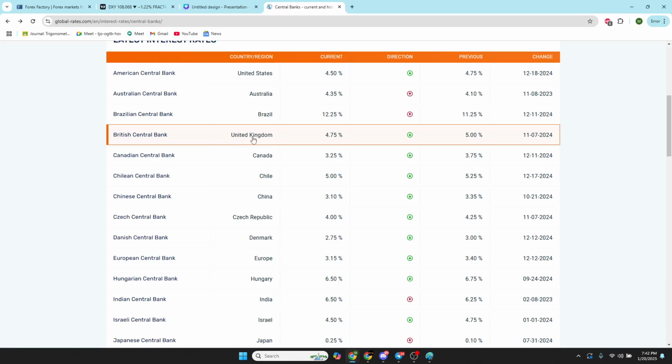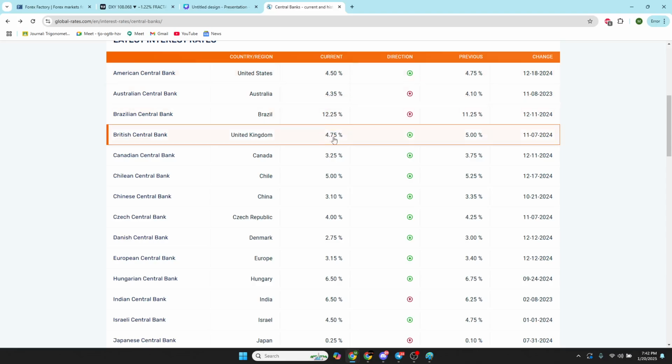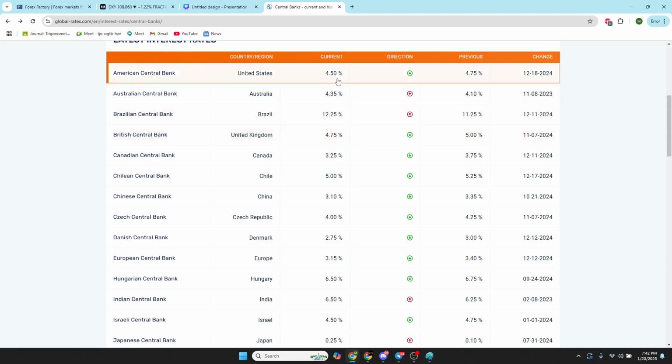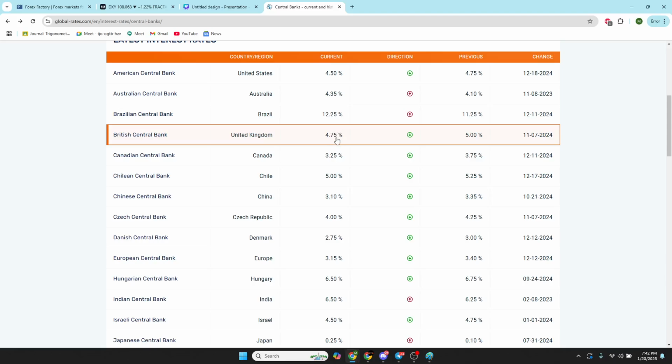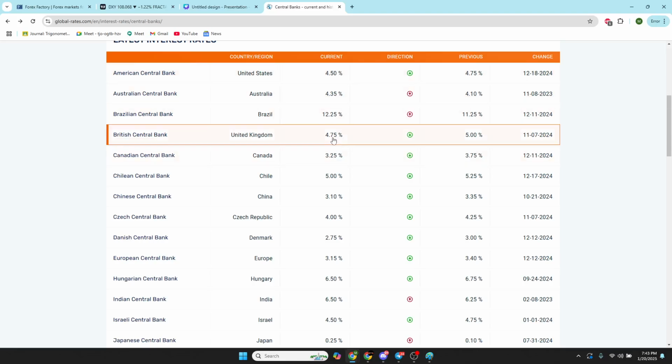Then we have the United Kingdom, which is the UK, the BOE, the Bank of England. We have a 4.75% interest rate, which is higher than in the United States, which we're gonna have to write down, this fact that the UK has a 0.25 basis points increase compared to the United States, which honestly should have a bullish stance on the BOE, which is the pound versus US dollar.